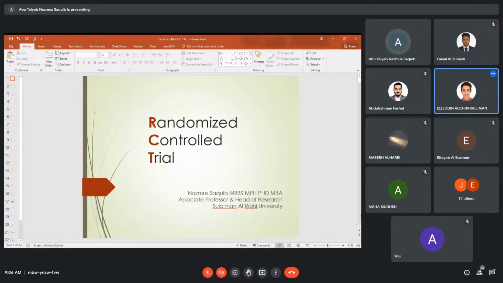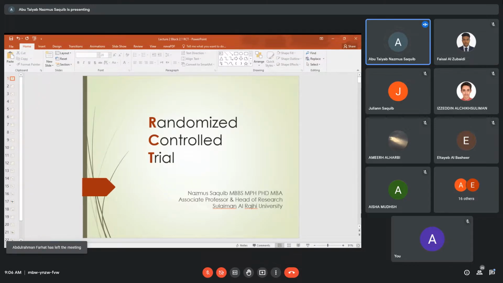We briefly touched on them, and today we will talk in detail about one of the designs, actually the best design of all designs, the randomized control trial. Why should we talk about this design in this block? Because you have a practical related to the randomized control trial.